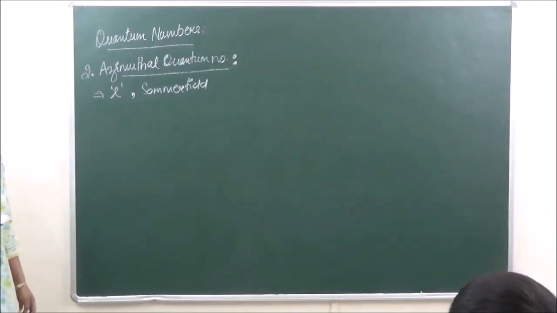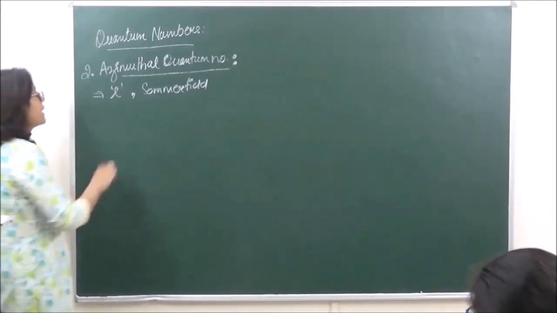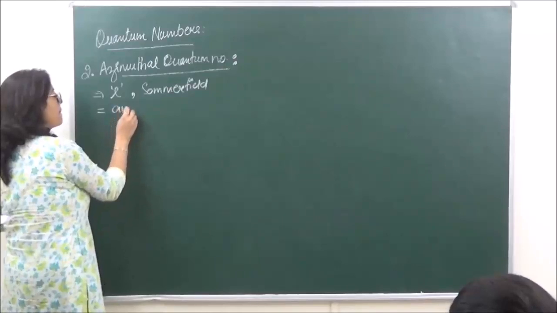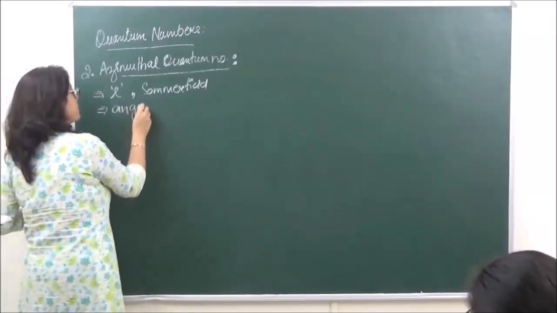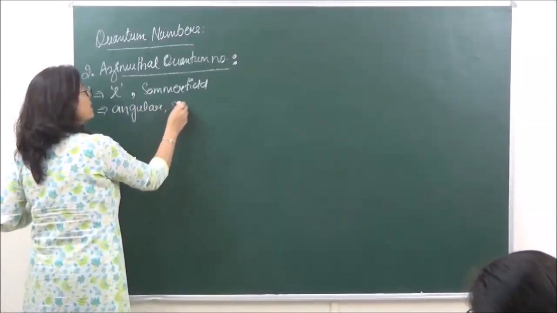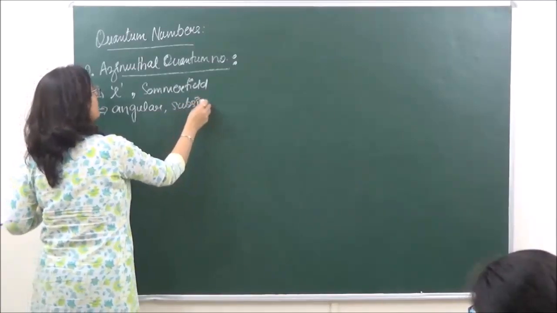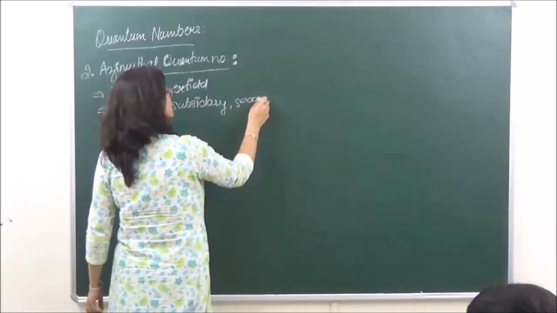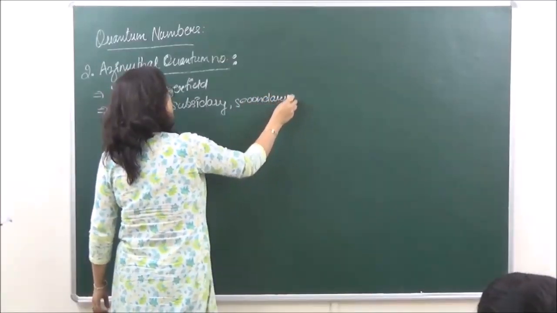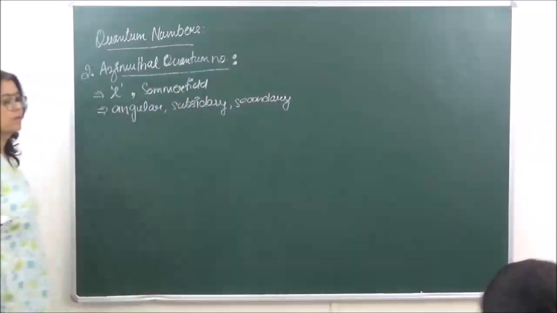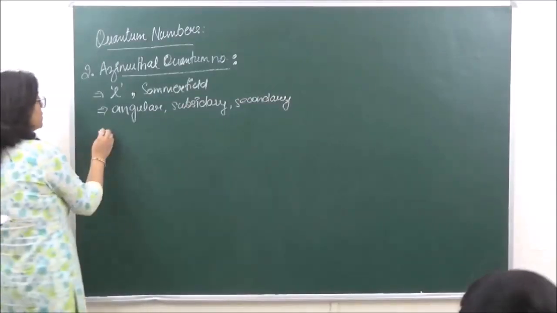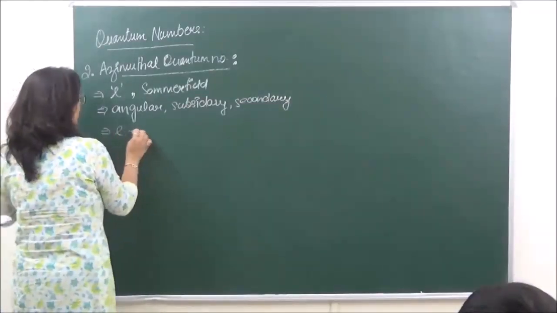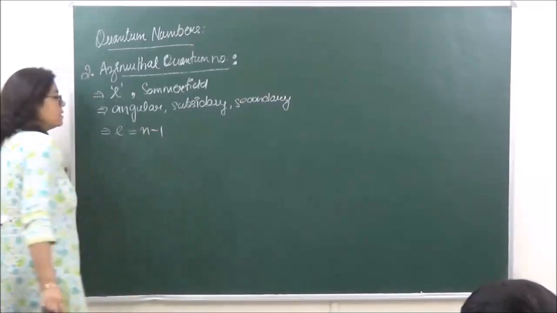This quantum number is also known as angular, subsidiary or secondary quantum number. Right? Now this quantum number has the value n-1.